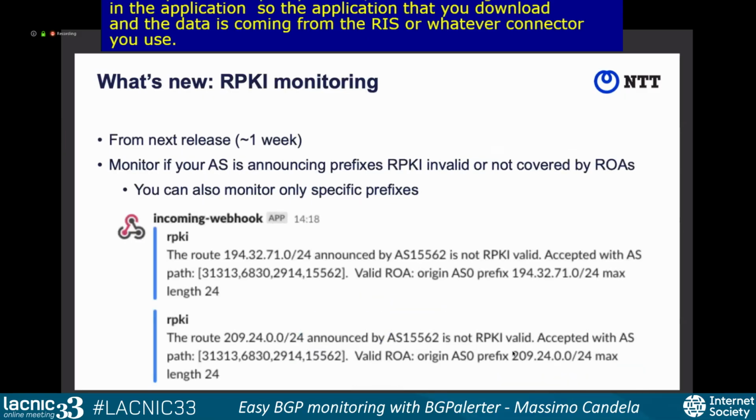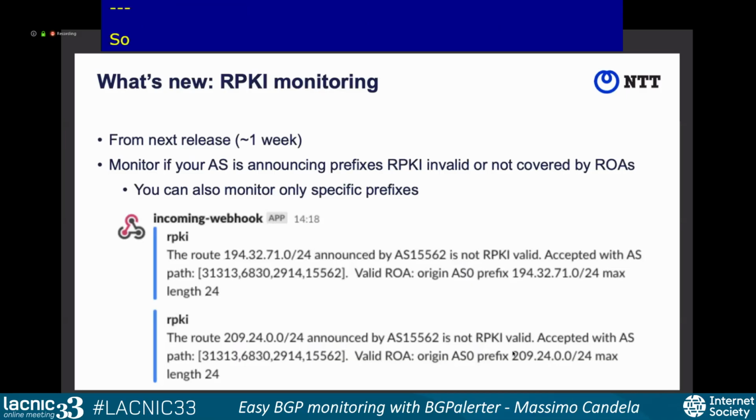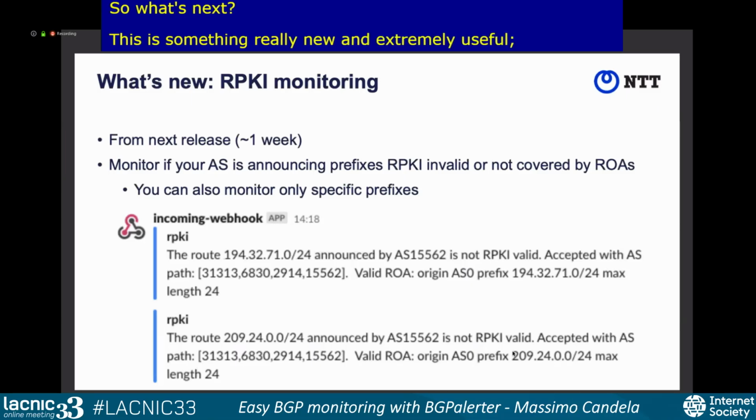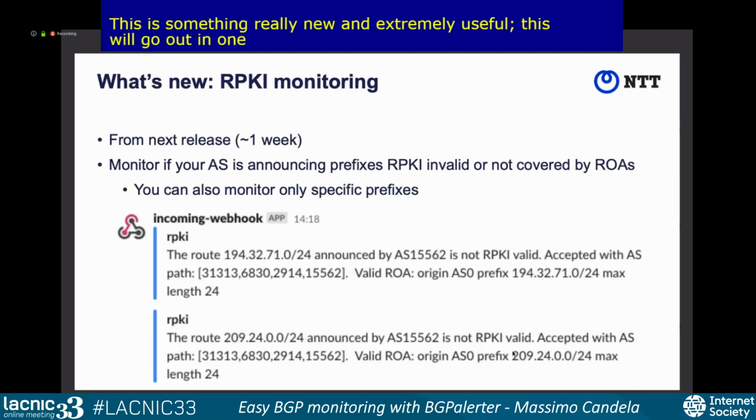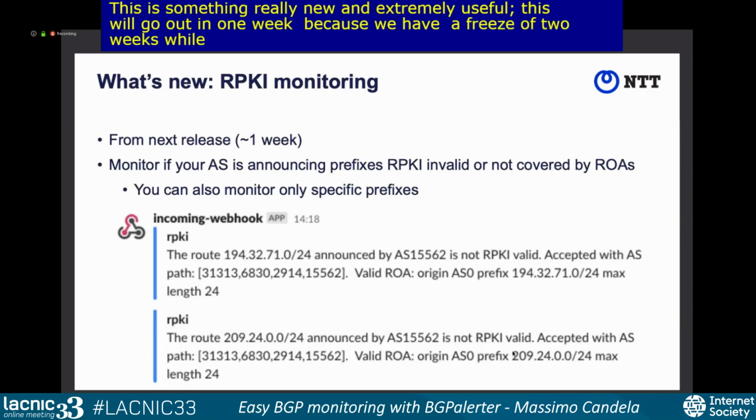So what's next? This is something really new, and I think extremely useful. This will go out in 1 week because we have a code freeze of 2 weeks while we test the application on our monitoring, between 2 and 4 weeks, before releasing it to everybody. We want to make sure that it's stable enough.